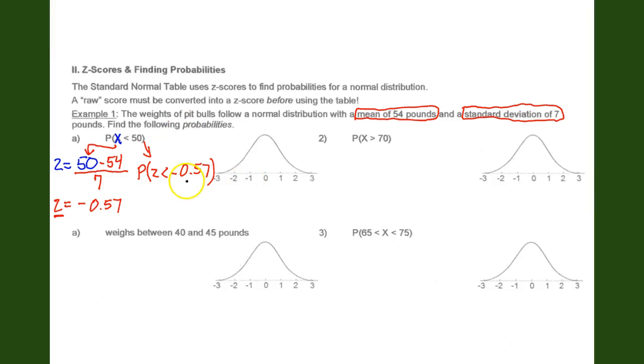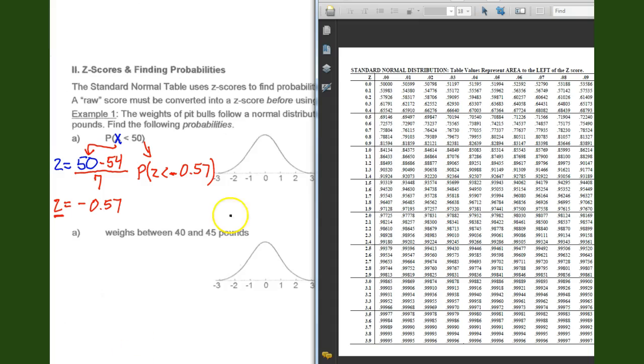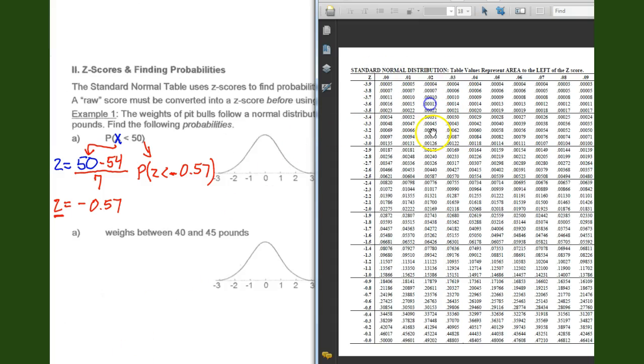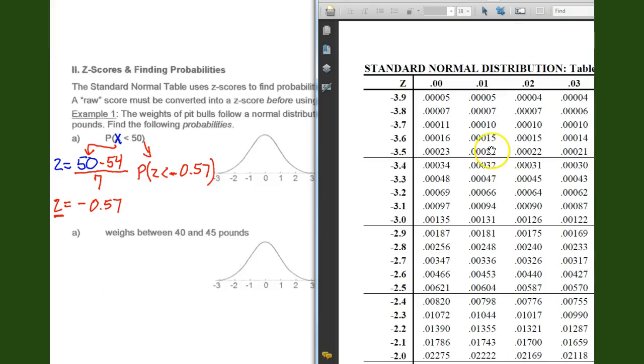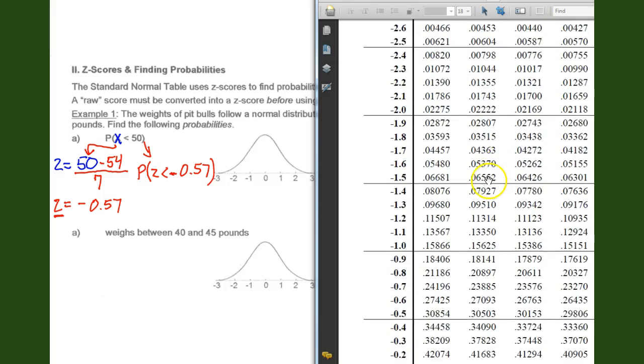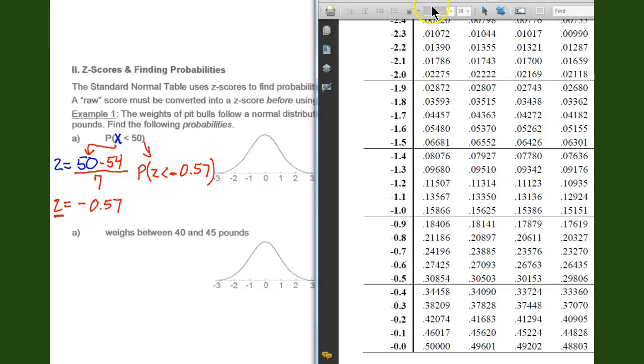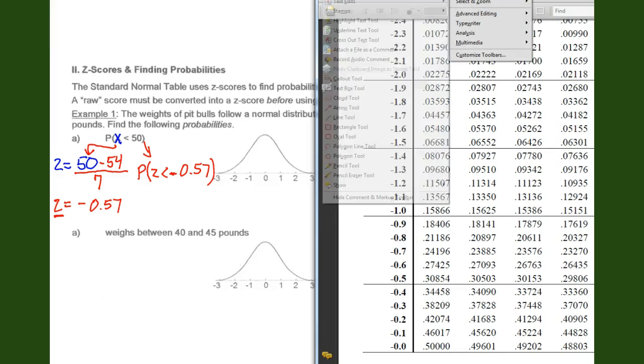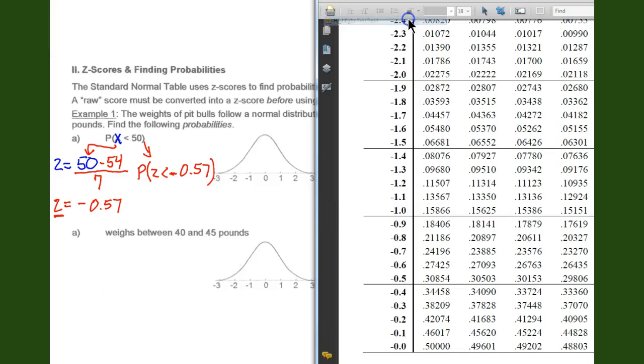So using the table, what do we get for negative 0.57? Use the table here. It's going to be negative, so it's going to be on this side. There's a negative and positive side. There we go.